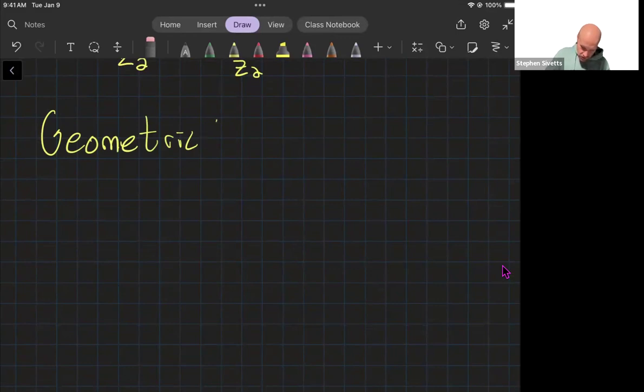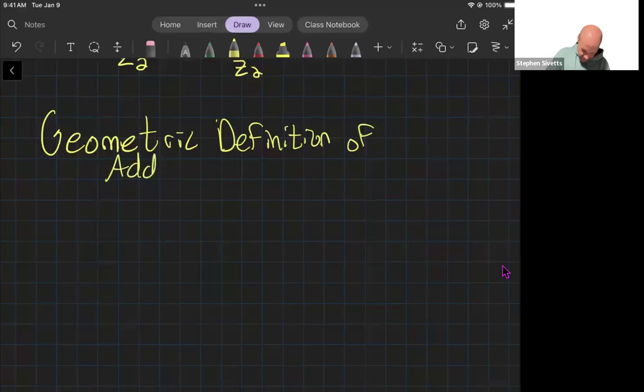So geometrically, the geometric definition of, let's say, addition and subtraction.